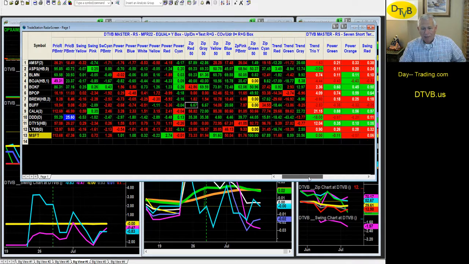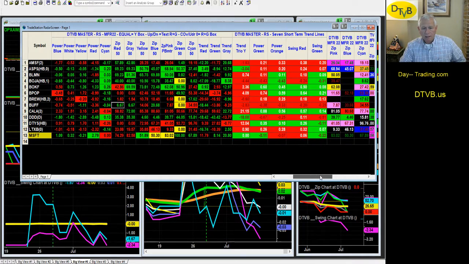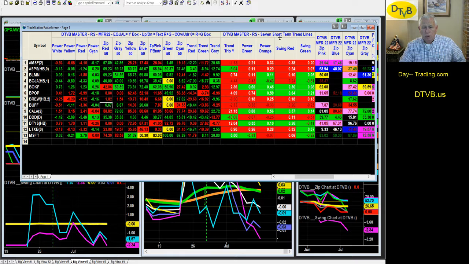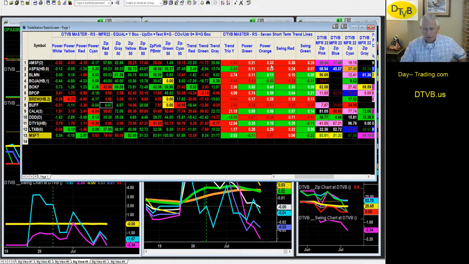This next box right next to it is the 7 short-term trend lines. On the 7 short-term trend lines, the red box means that the indicator line is down. The green box means that the indicator line is up.